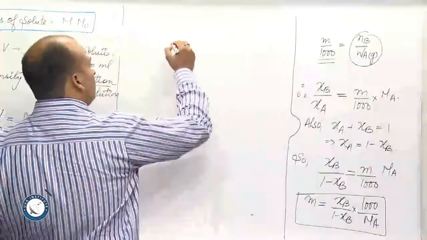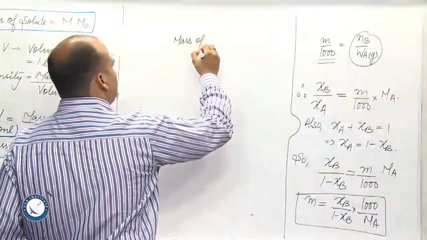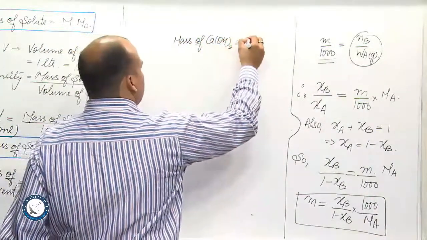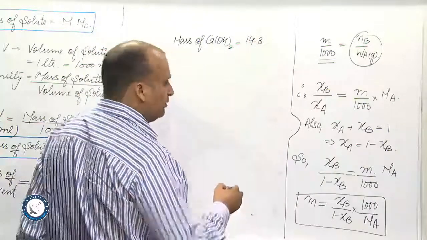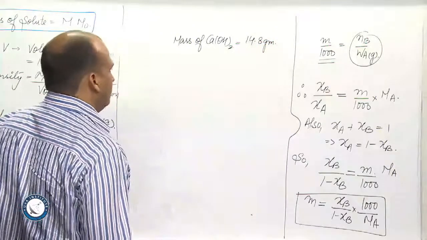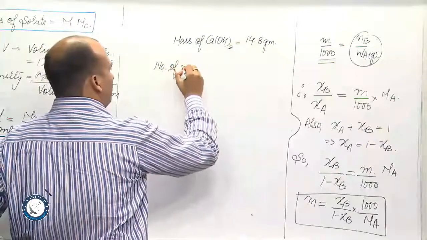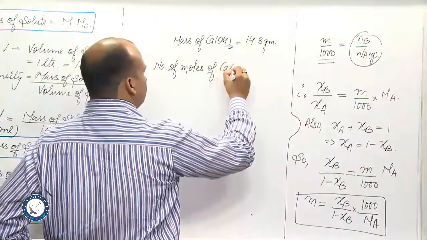Okay, we are given mass of Ca(OH)2 as 14.8 gram. So number of moles of Ca(OH)2 will be how much?